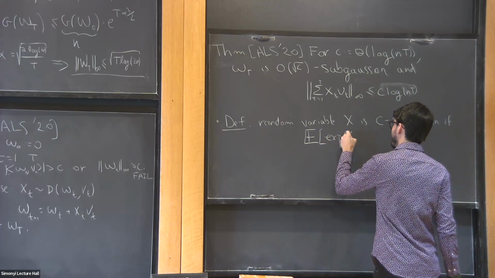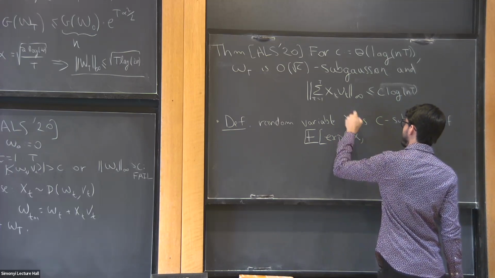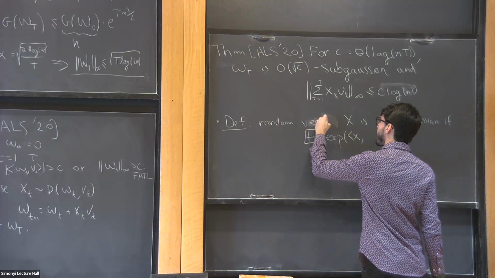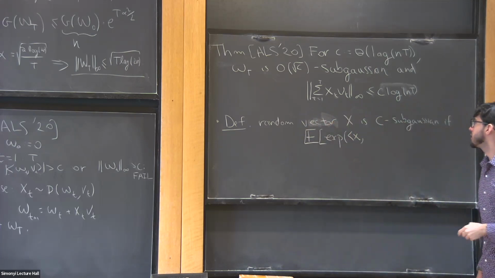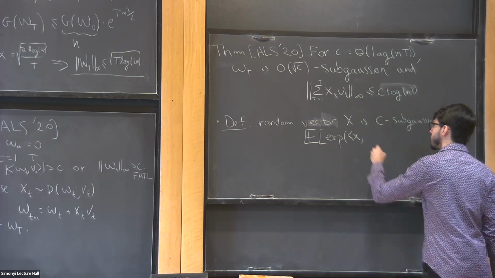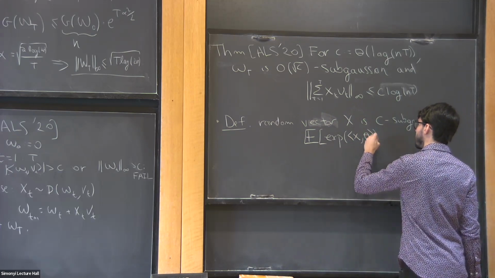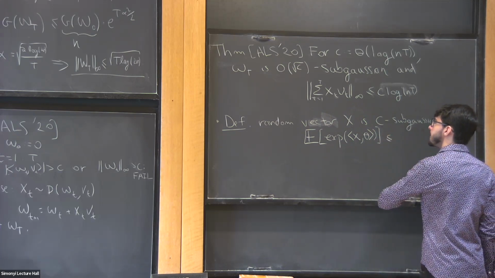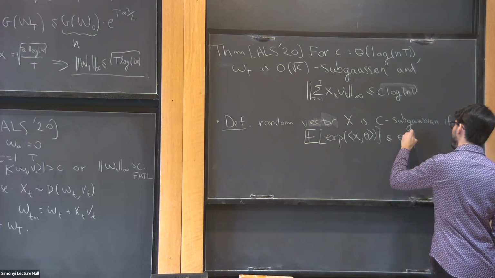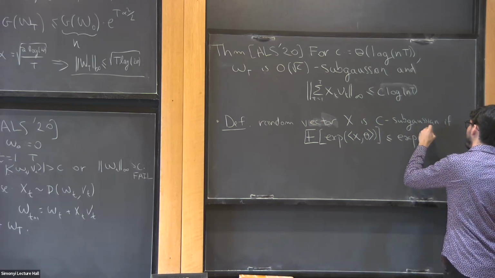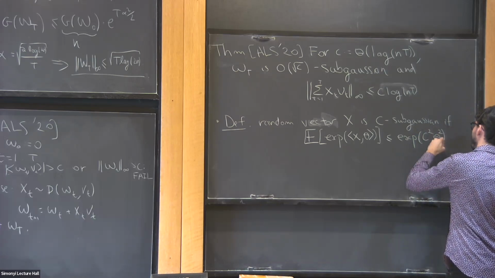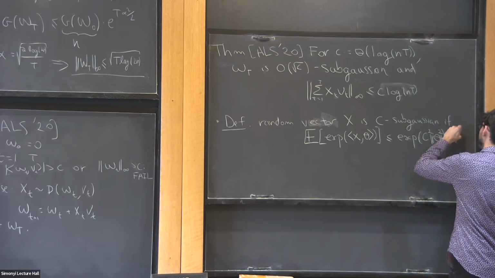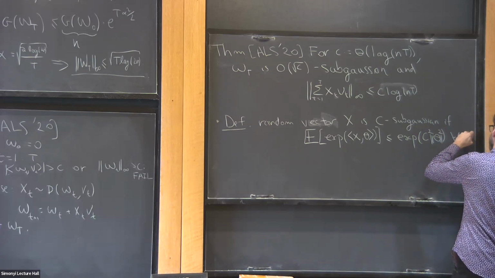You can say that, for a random vector (you can also define it for random variables, but I'll do a more general version), this is bounded by the following for all vectors in R^n.